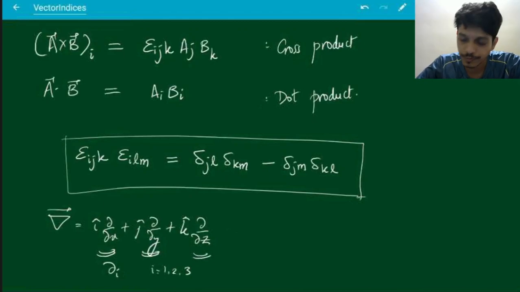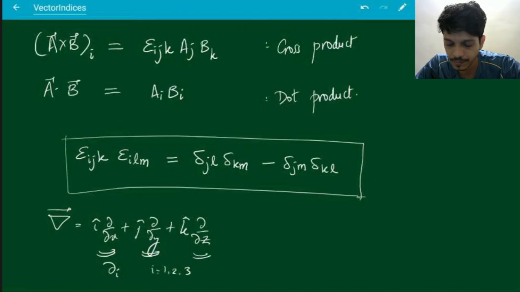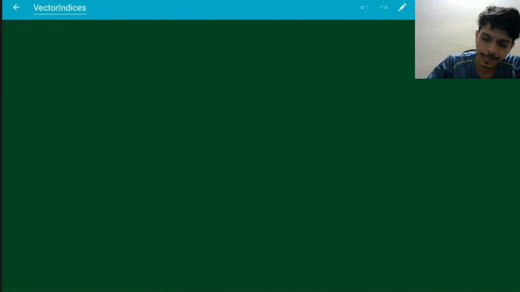So okay, now all the cards are on the table, and we can try and actually calculate some identities in vector calculus. I'll just show you a couple of them, and with the help of these basics you can then attack any of the other ones that you might have seen. The first one I'll talk about is the vector triple product.